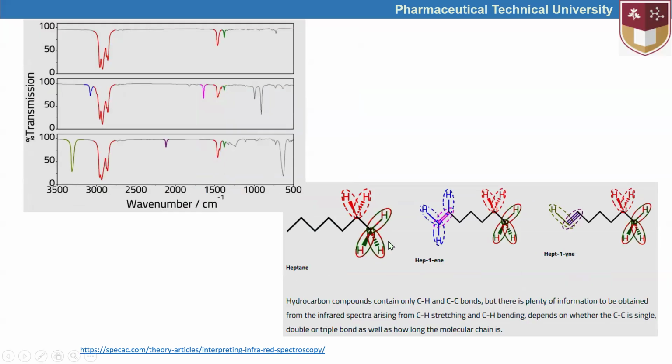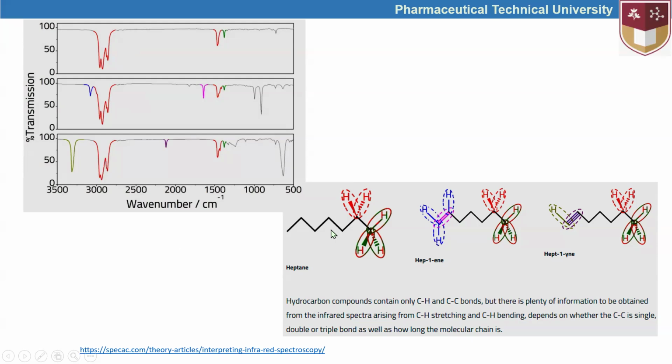And this is another good example. Here we have the IR spectrum of heptane, heptane 1, let's say, and heptyne 1, as indicated here. I would like you to pay attention to the presence of carbon-hydrogen absorbance as indicated here, and here, which are present in all these three samples.